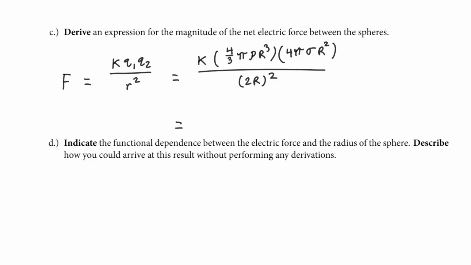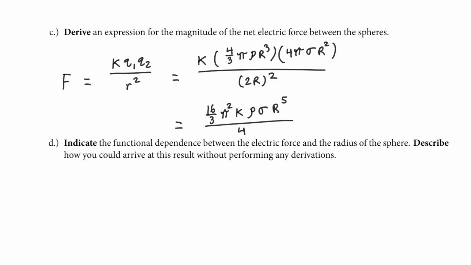Now we can break this down. We can do some simplifying here. So on top, I would get 16/3, and then I'd get a pi squared, I'd get a k, I'd get a rho, I'd get a sigma, and I would get 5 copies of the radius.